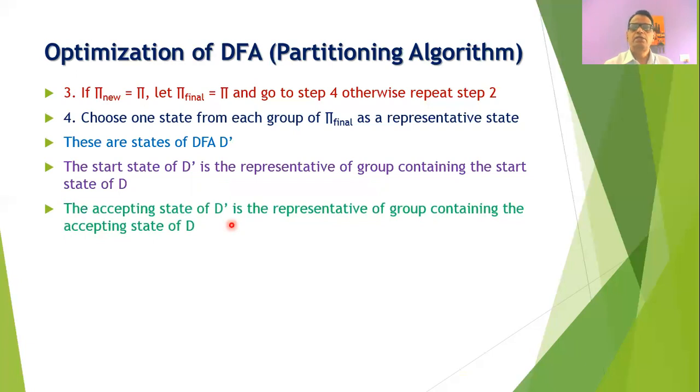Similarly, the accepting state of the DFA D dash is the representative of the group containing the accepting state of the DFA D. So if there is any accepting state of the DFA D, and if it is there in some of the states of the DFA D dash, then that state of the DFA D dash will become the accepting state for the DFA D dash.